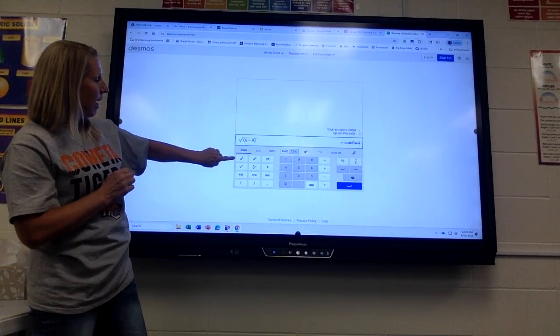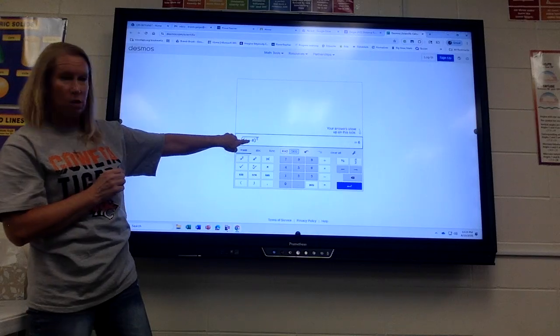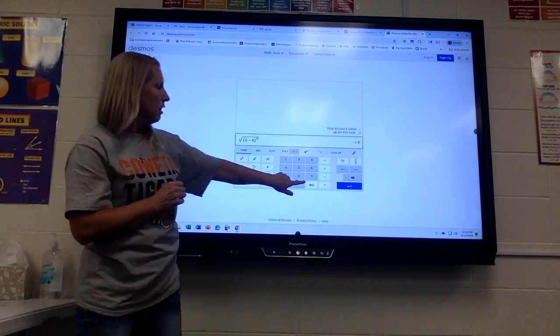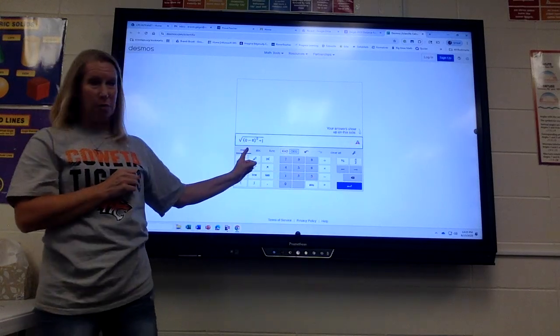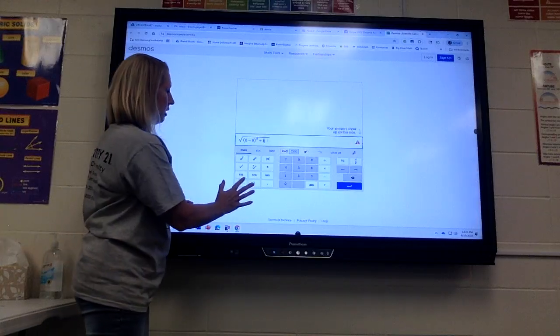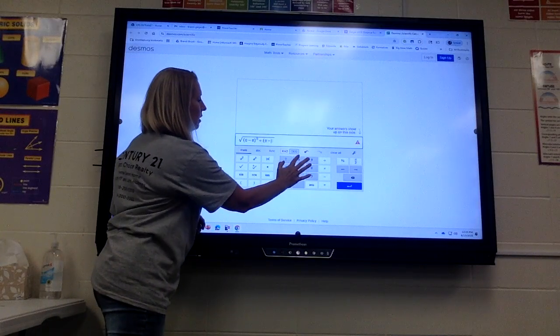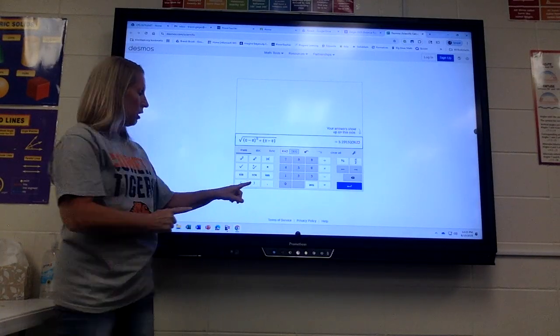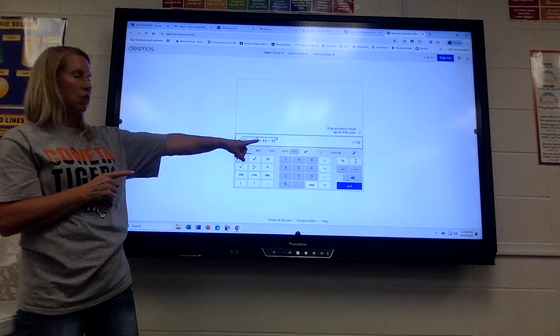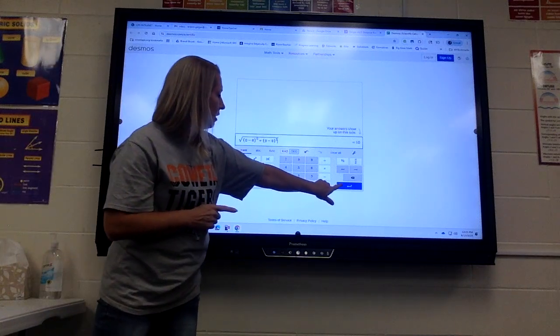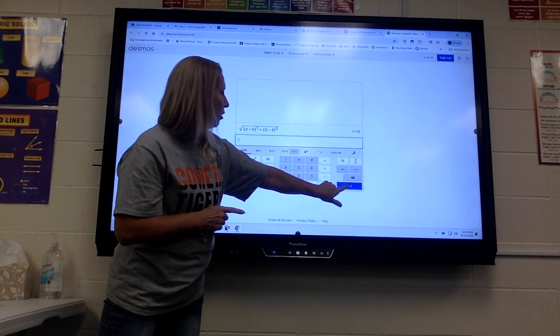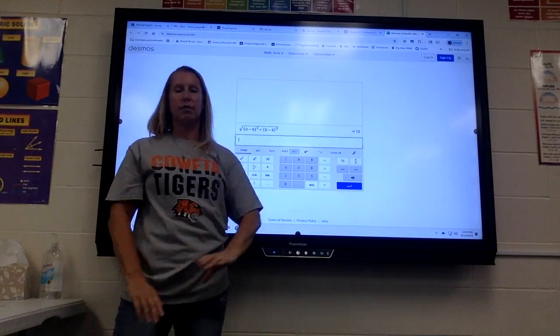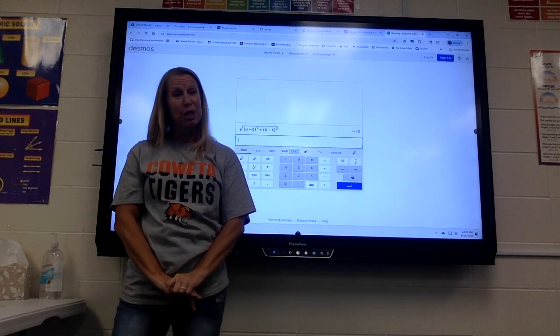Then hit the little A2 button to put the squared there. Then the plus sign, we have to have plus in the middle, parentheses, 0 minus 8, close the parentheses and hit the little A2 again. Hit, I think we hit the blue button. Oh, it just already had. So it's 10. That answer is 10.